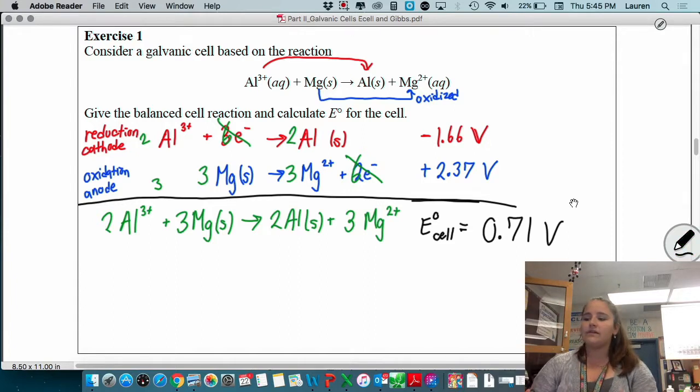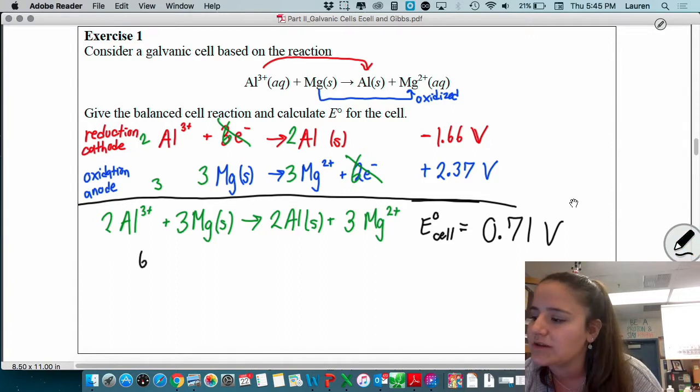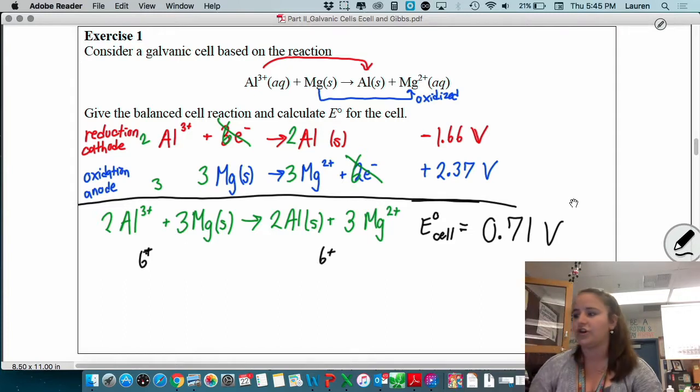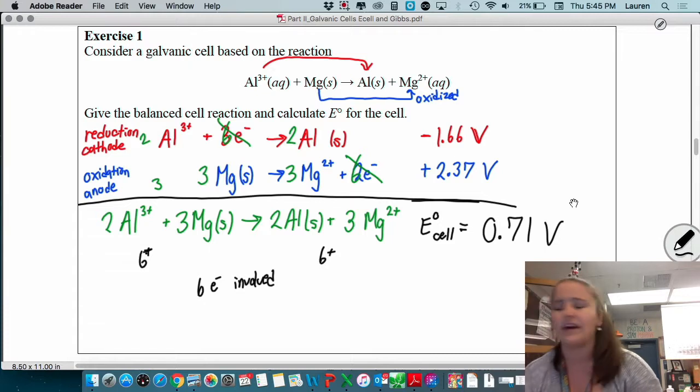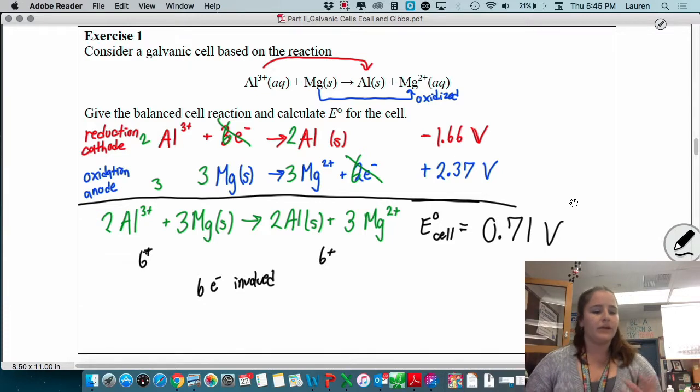And you can see we have 2 3+ ions, so a total of 6 positive charge on this side of the reaction, and 3 2+ ions is a total of 6 positive charge on the other side. We have 6 electrons involved in this reaction. That'll be important later. But you can kind of see how that whole thing works out. Does that make sense?